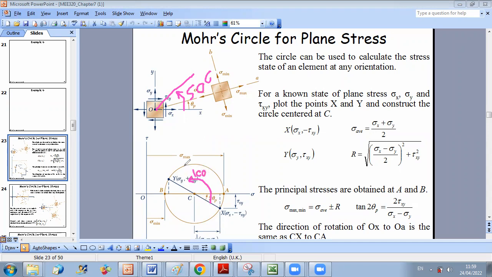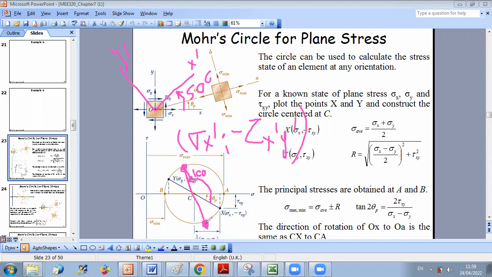And then the new state will correspond to these 2 points, this one and this one. And this point, let's say I call this x prime and this is y prime. This point will represent the coordinates sigma x prime, minus tau x prime y prime.